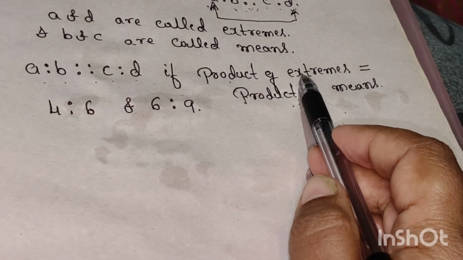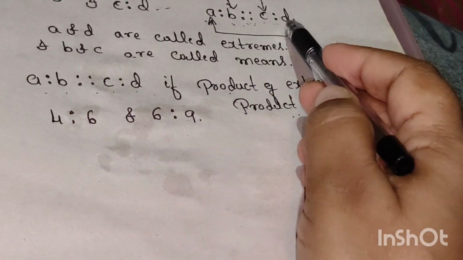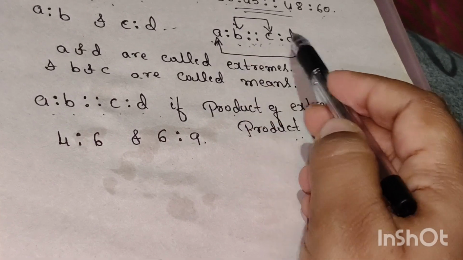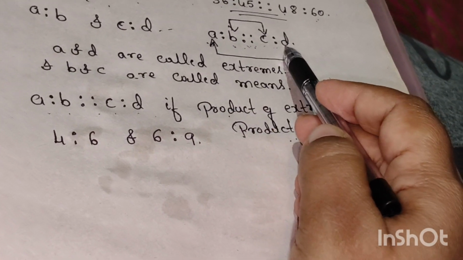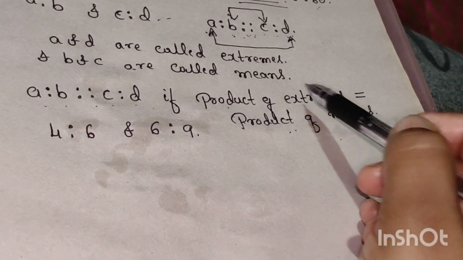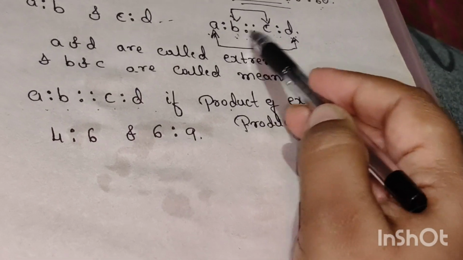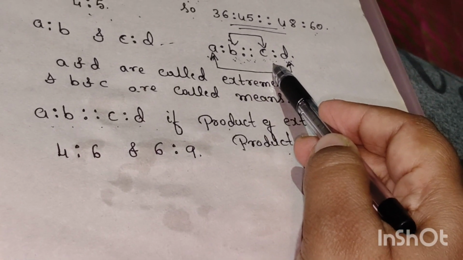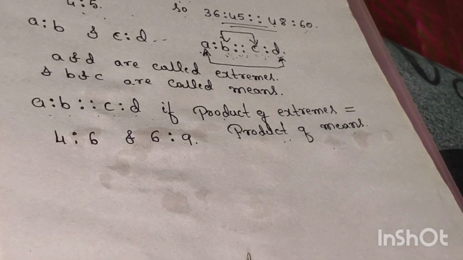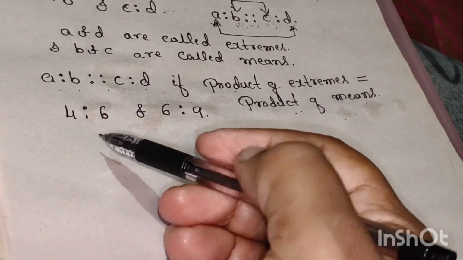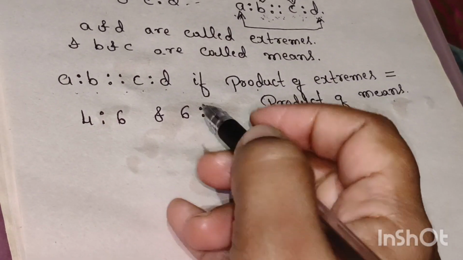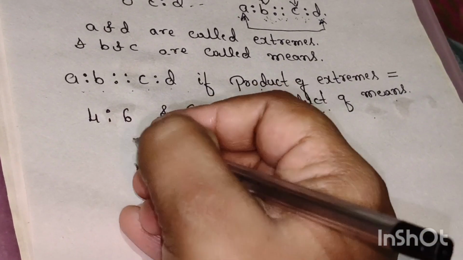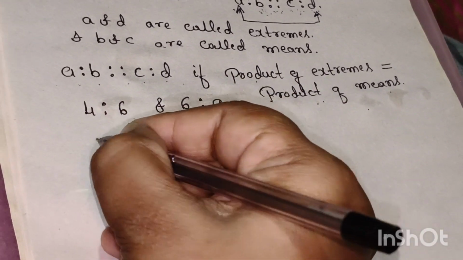Product of extremes means product of the end numbers, A into D. Product of means is the product of the middle numbers B and C. So we write this in general form.